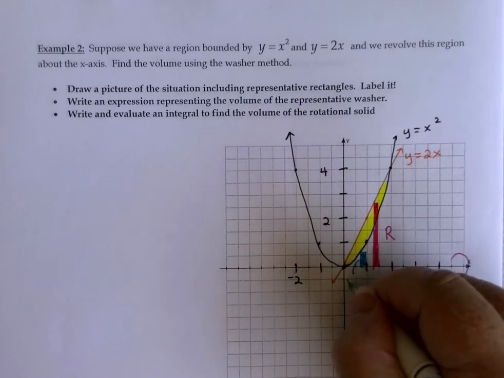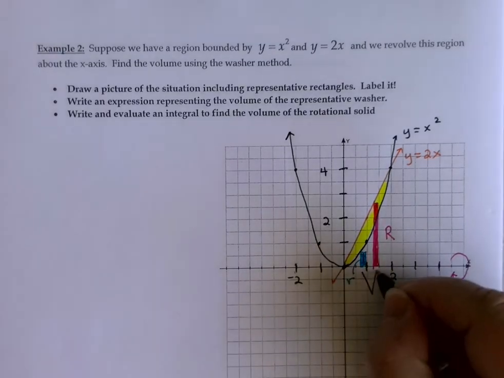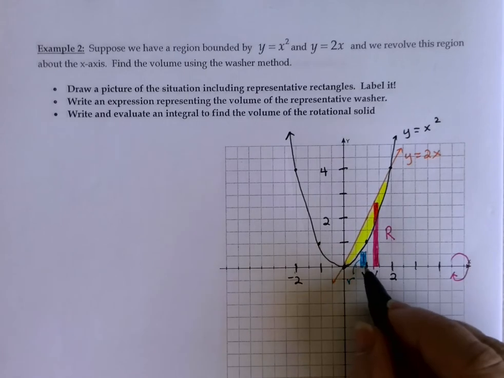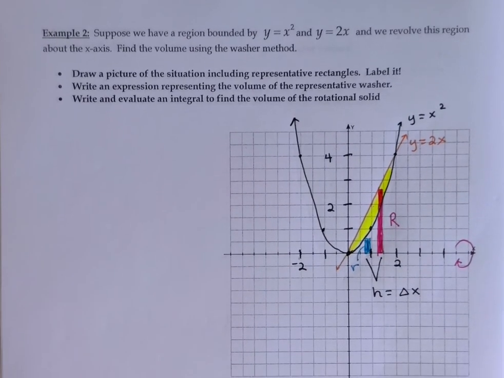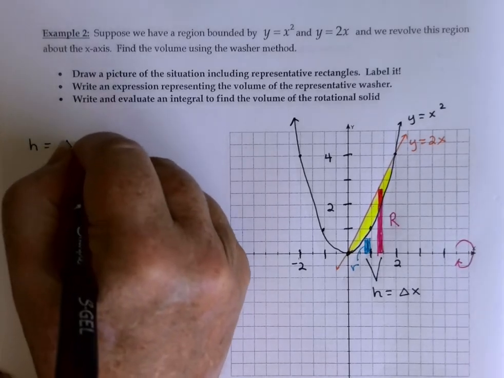There's little r. In both cases, the base of the rectangle, or the height of the disk, is going to be a little piece of the x-axis, so we'll go with delta x. So, h is delta x.